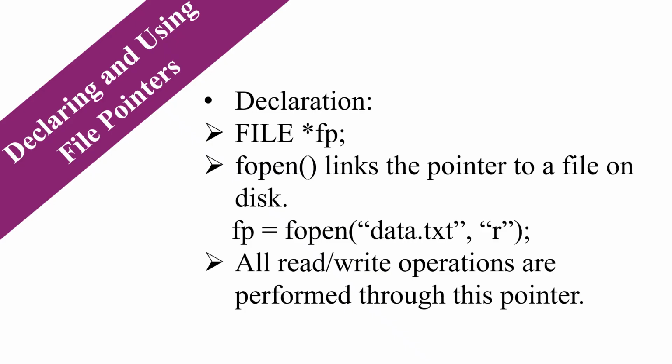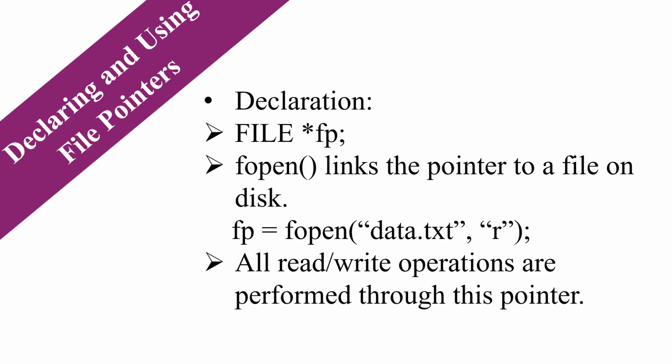To actually connect it to a real file on our computer, we use functions like fopen. When we write fp equals fopen, open parenthesis, "data.txt", comma, "r", data.txt is the file name and r means read mode. It links fp to the file data.txt on disk.